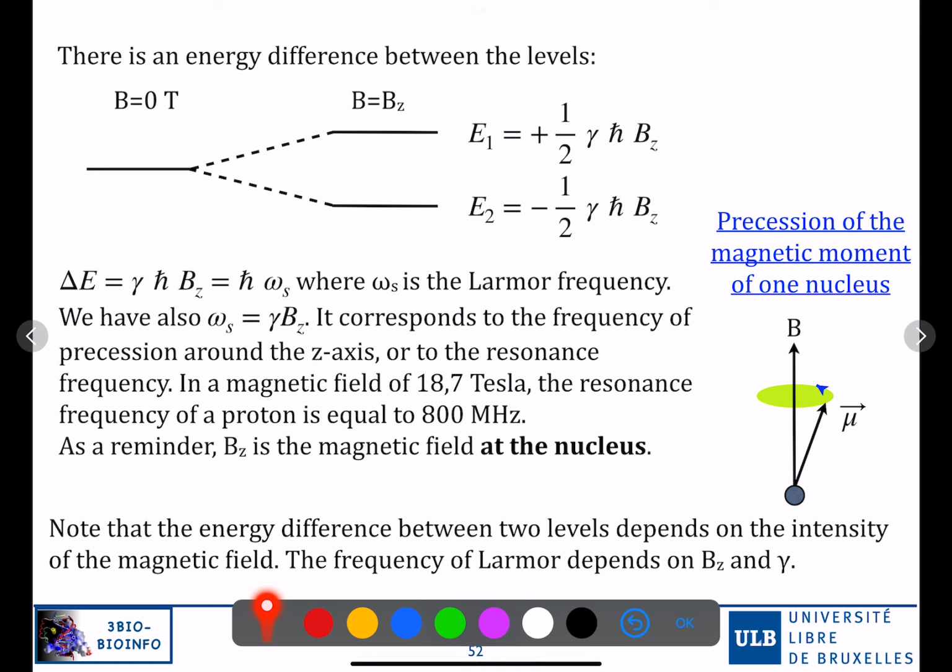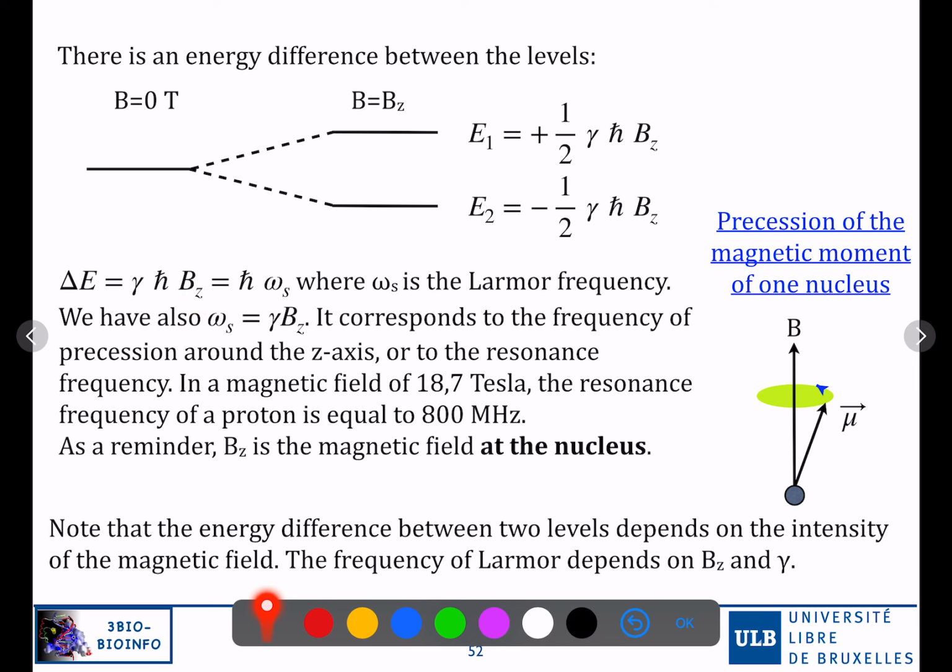Okay, so here we have seen that with the external magnetic field, you have the two energy levels that are present here. Without an external magnetic field, you have no difference between the energy levels. So if I compute the energy difference between the two states, the energy difference is the difference between E1 and E2. And if you make this difference, you see that the delta E, so the energy difference between the two states here, is thus equal to gamma h bar Bz.